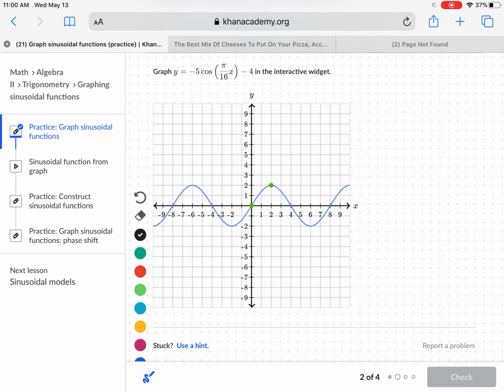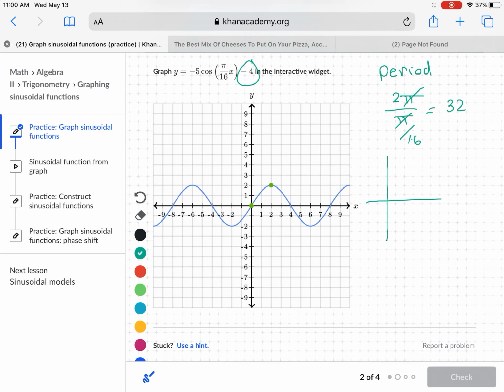Now here's a big one again with cosine, okay? So again, I'm going to ignore this -4 for a little bit. I'm going to figure out the period, which is going to be 2 pi over 16ths. We can multiply the 16 times the 2. We could do long math, but let's do short math: 32.